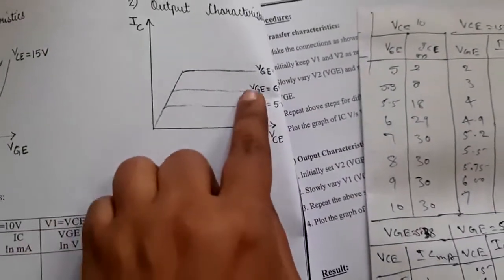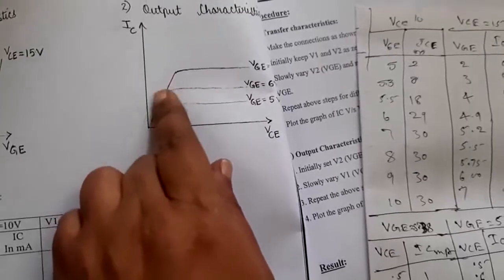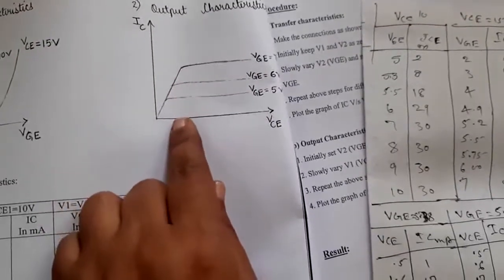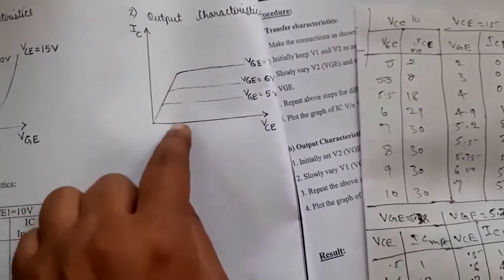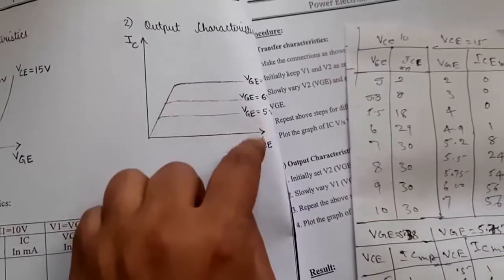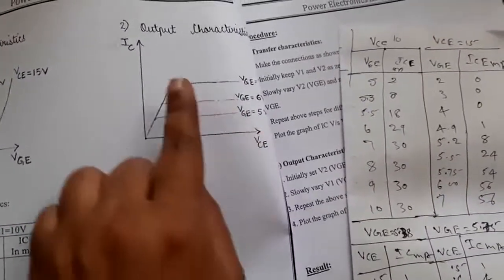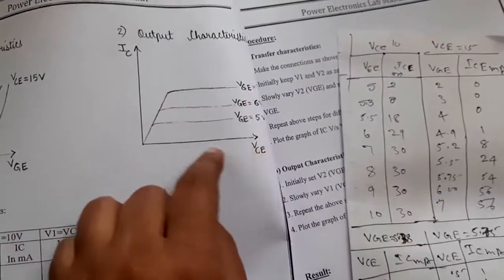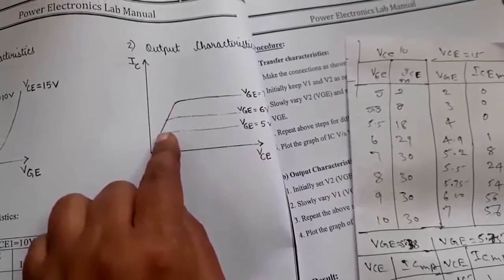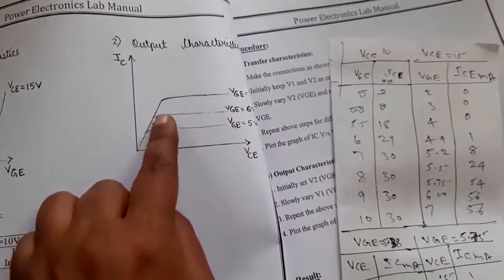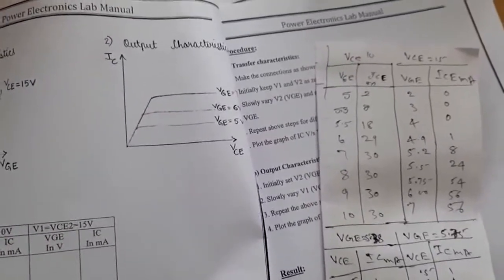So for higher gate voltage, the drain current will be more. So that's what we have discussed in the morning by dropping a line, right? So for higher gate voltage, for the same collector voltage, the current will be a bit higher.